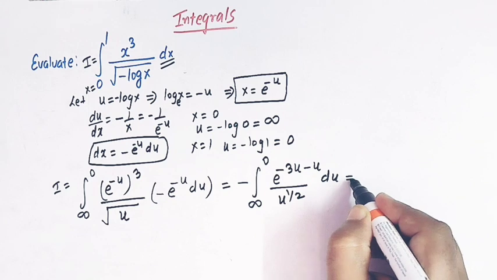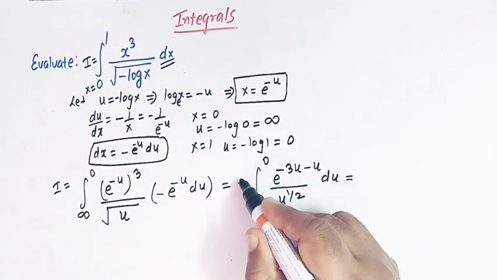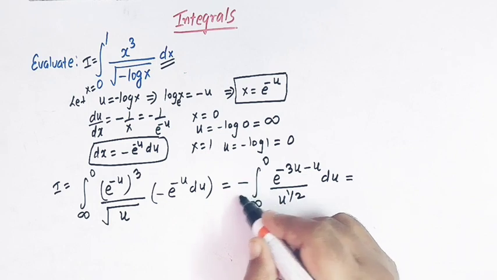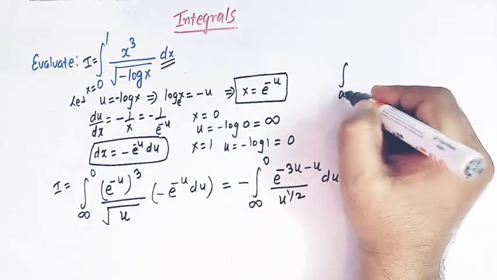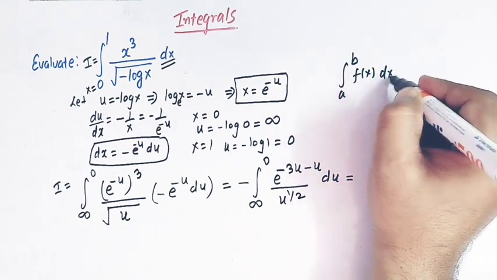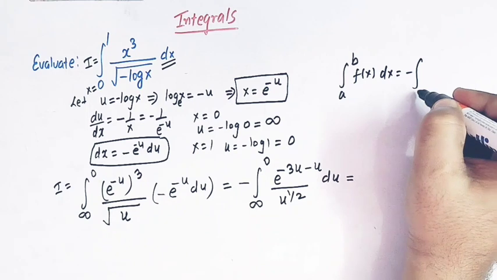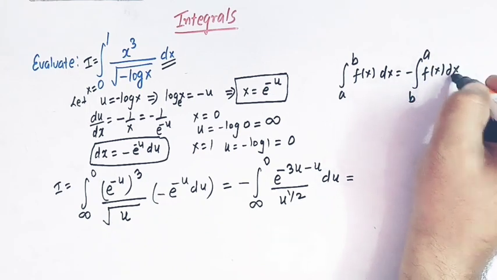Okay, now what we will do here, we can interchange the limits, and we can neutralize this negative sign, because we know that integral a to b f of x dx is equal to negative of integral b to a f of x dx, right?